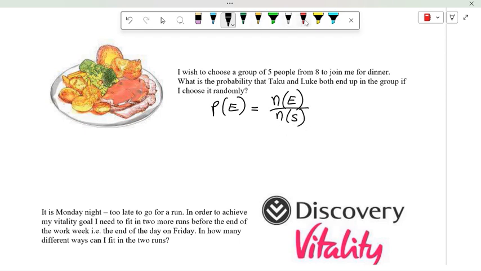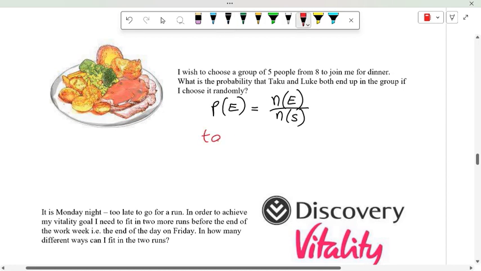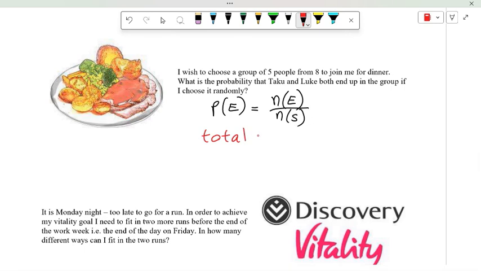So the sample space, the total number of groups of people that I could take, with no restrictions, is just going to be the number of ways I can choose 5 people from 8 people. And that's just going to be 8 combination 5. Right, it happens to be 56. Now, and that's on the denominator here. So this is going to be out of 56.